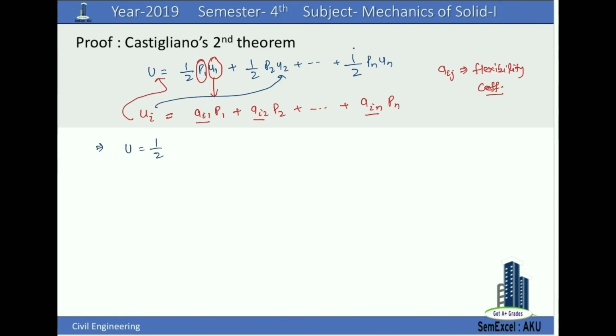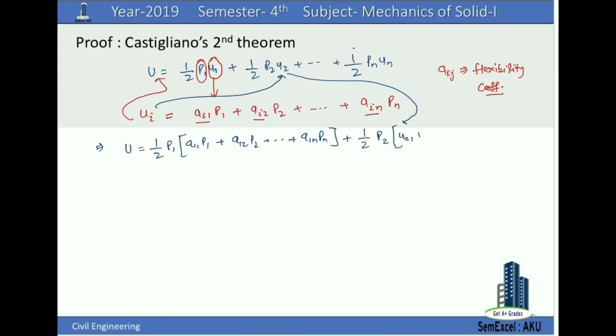Now we will put value of U1, U2, U3 in first equation. We will get U is equal to half of, in place of U1 we will write a11 P1 plus a12 P2 and similar manner a1n Pn, plus half of, then we take P2 out, and what is the value of U2?